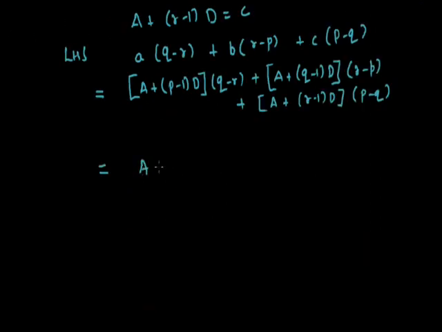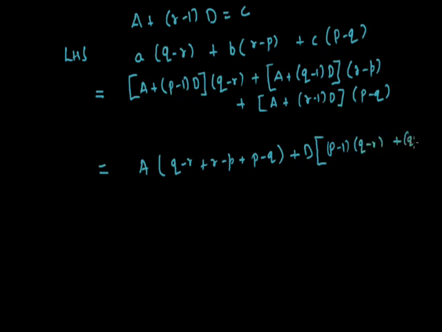Now take the multiple of A only: (q minus r) plus (r minus p) plus (p minus q). Now in the second case take the multiple of D: (p minus 1) multiplied by (q minus r) plus (q minus 1) multiplied by (r minus p) plus (r minus 1) multiplied by (p minus q).